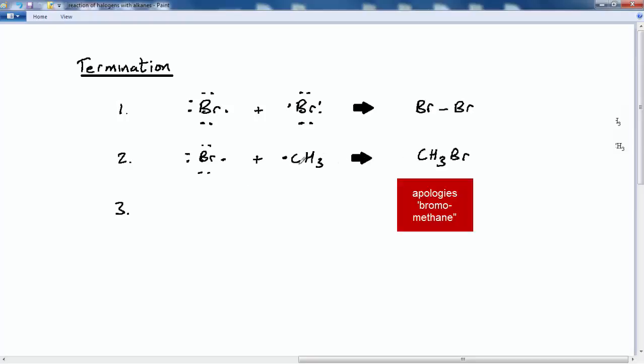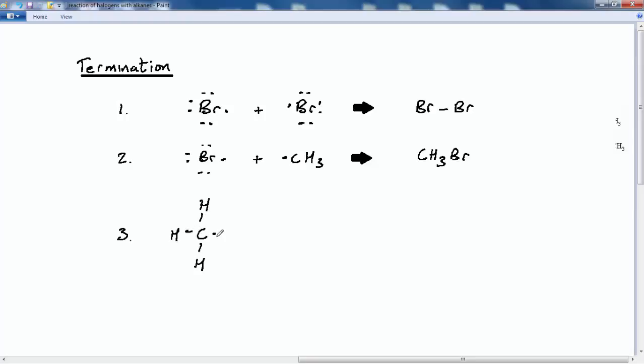And finally, the methyl free radicals can combine with each other. This time I'll do the structural formulas. CH3, the methyl free radical with this unpaired electron, reacts with another methyl free radical, and these two unpaired electrons combine together to form a single bond, forming ethane.